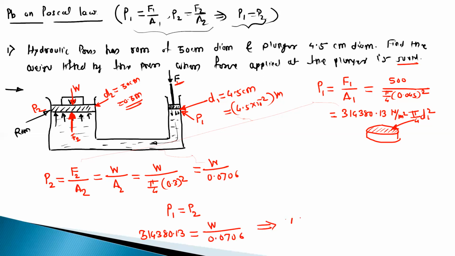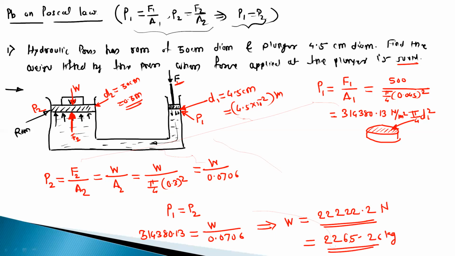And then you will get the weight W, which is equal to 22,222.2 Newton. Or in terms of kg, this weight will be 2,265.26 kg. So this much weight we can lift by applying a force of 500 Newton.